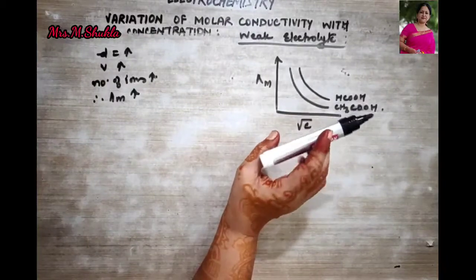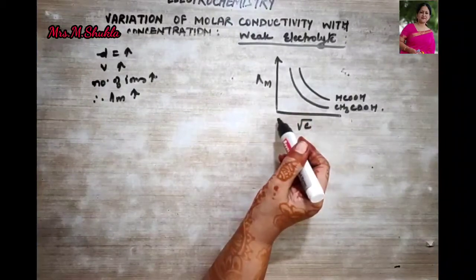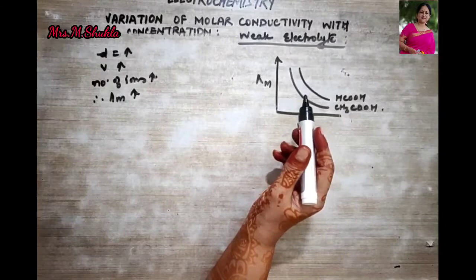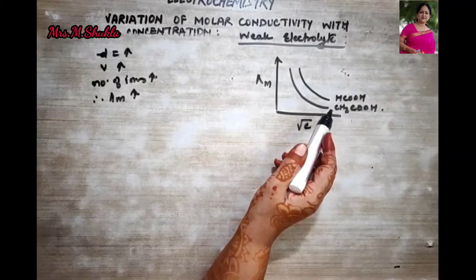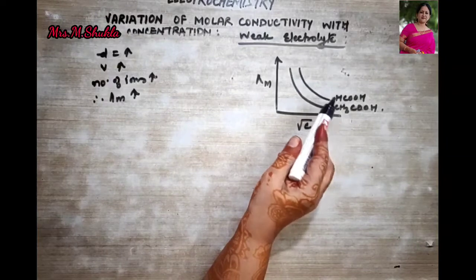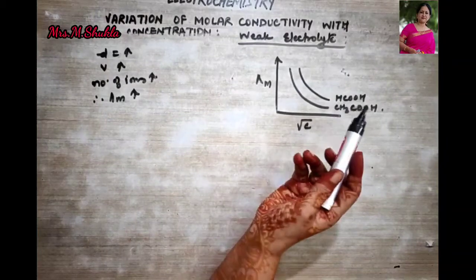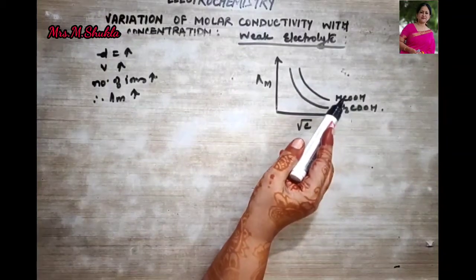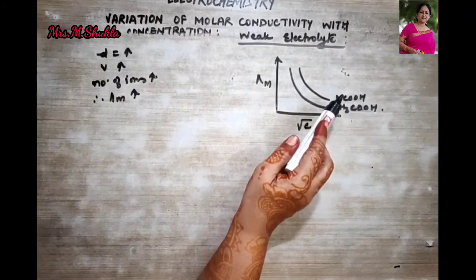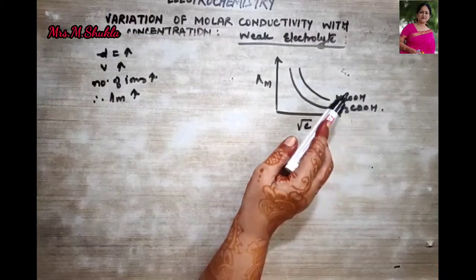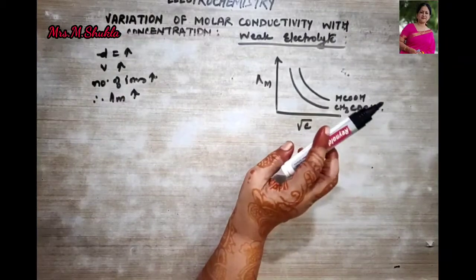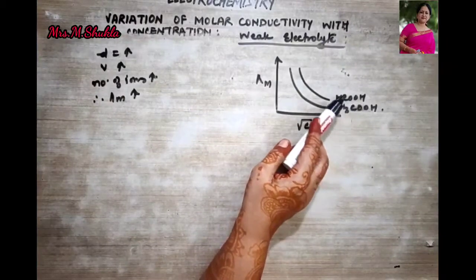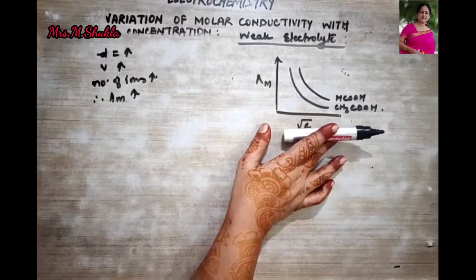First, the ions were less. On diluting, the ions started increasing. So formic acid over here forms the graph above the acetic acid. Why does this happen? Though formic acid is a weak electrolyte, it is a stronger acid than acetic acid, right? Hence it forms the graph above the acetic acid.